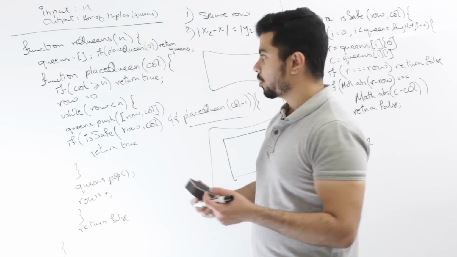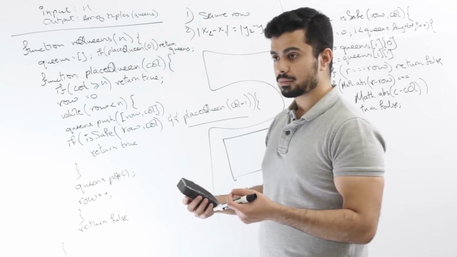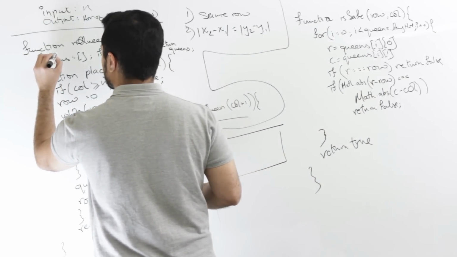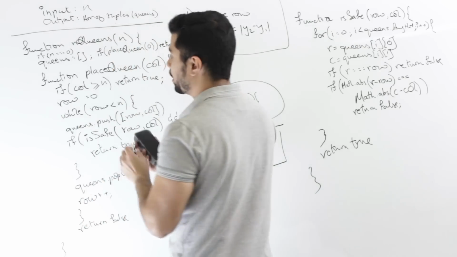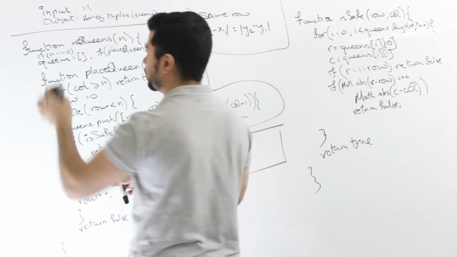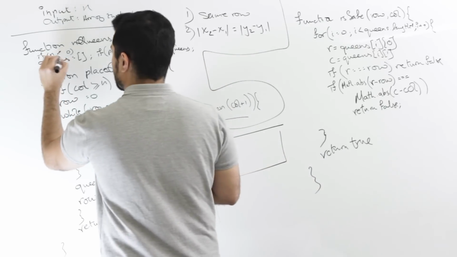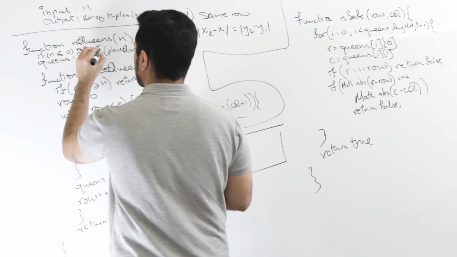So is it okay that if it's 0, I just return, don't do anything? Yeah, fine. Okay, so I'll say if n is less than or equal to 0, return null.